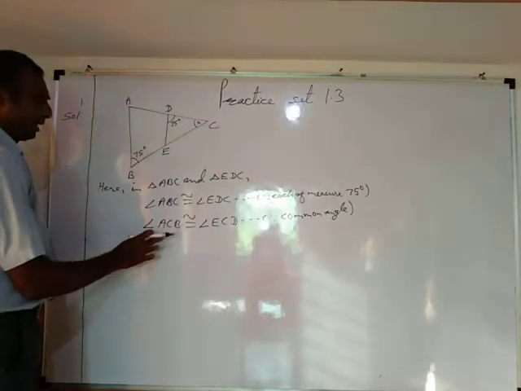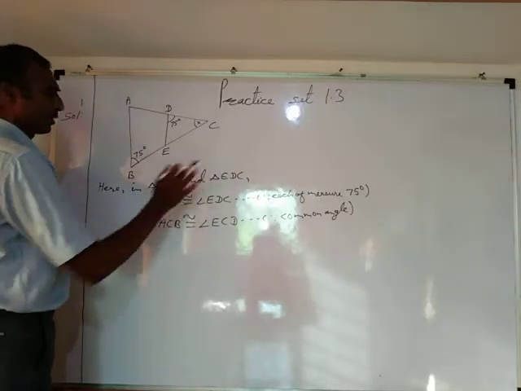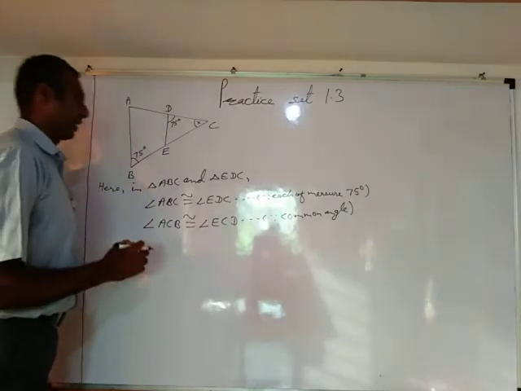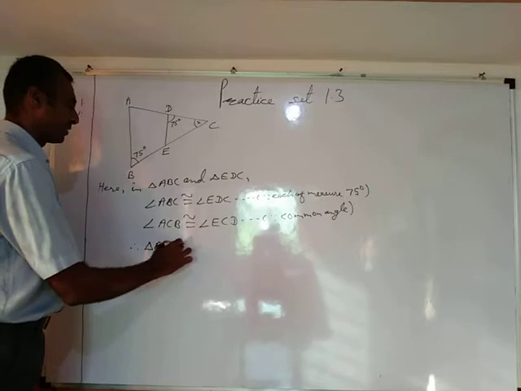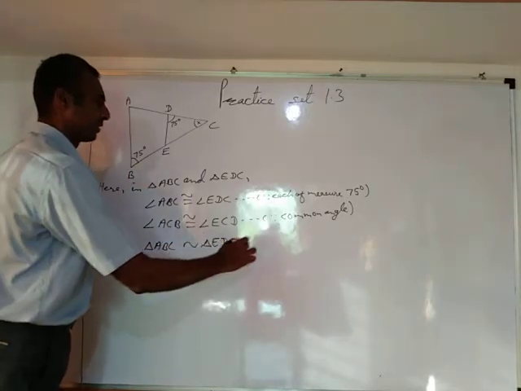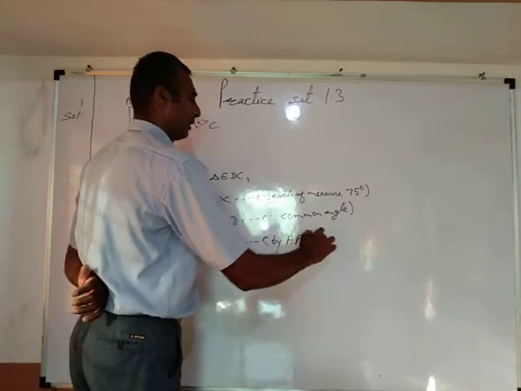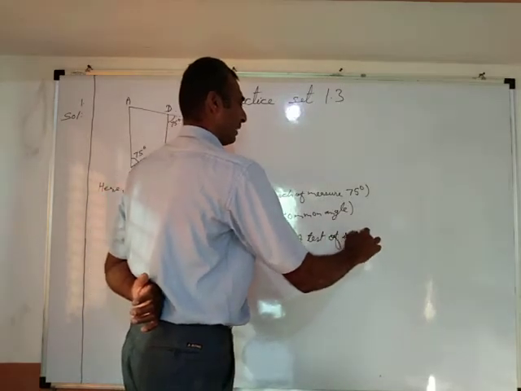Therefore, as two angles of one triangle are congruent with two corresponding angles of the other triangle, these triangles are similar by AA test. Let's mention here, therefore triangle ABC is similar to triangle EDC by AA test of similarity.